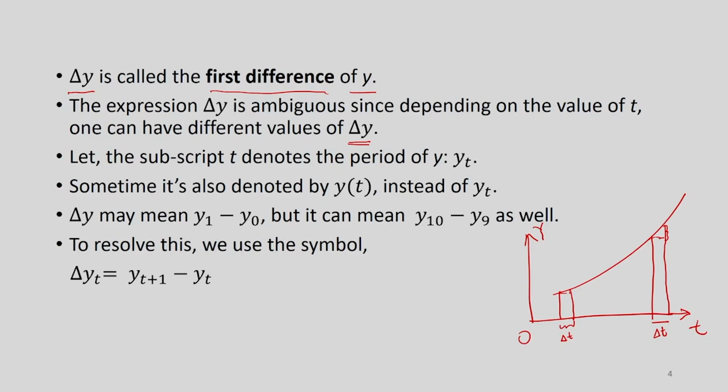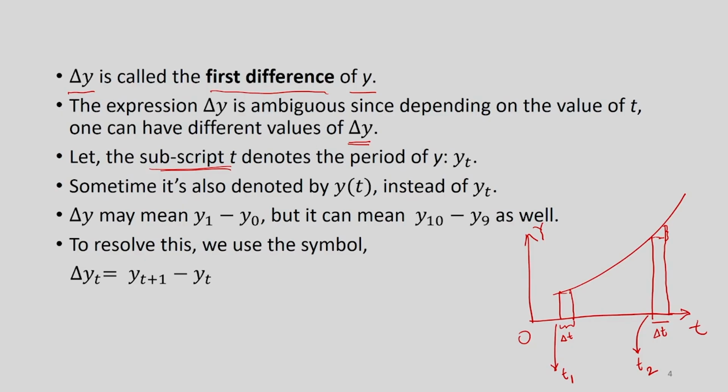So, to get around this problem of what is the value of delta y in a very concrete manner, we use the subscript small t, okay, and that denotes the period of t. So, what is the reference point? Are we talking about this t, right? This could be t1, or are we talking about this t, which is t2?